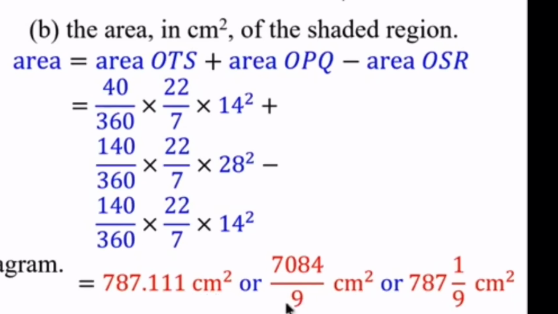And you need to minus out the smaller sector, which is also 140 degree over 360 times 22/7 times 14 squared. Then finally your answer, you need to write in fraction. So the answer is 7,871/9 centimeter square. This is the best answer. If you give 2 decimal places, you have to round off correctly.